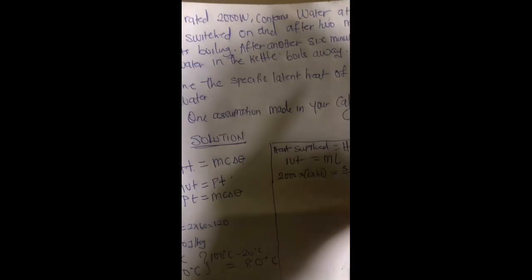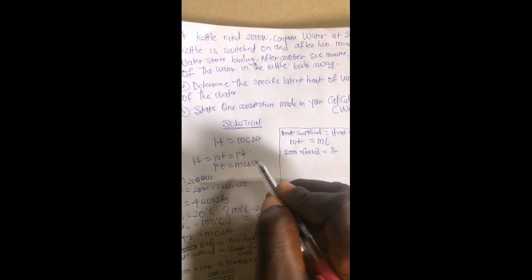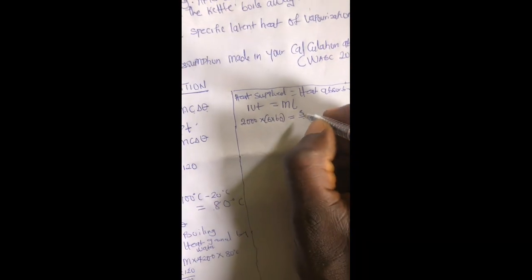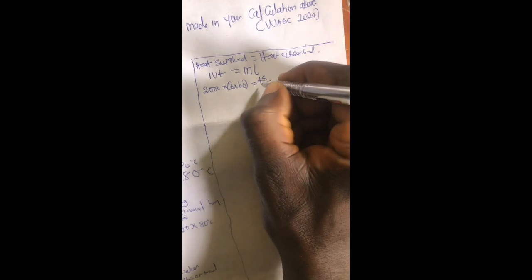Okay, but the question here now says something very interesting before we progress. It said 45% of the water in the kettle. That means we are looking at 45% of the mass. So we now write here 45 divided by 100 to convert it, times mass times latent heat of vaporization.